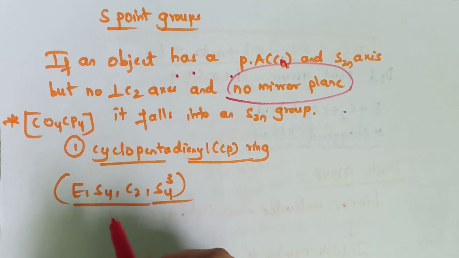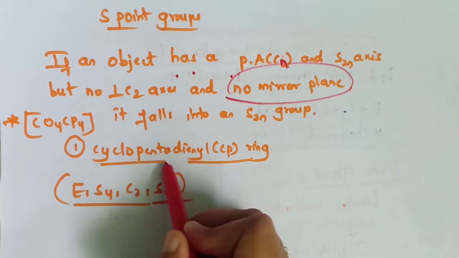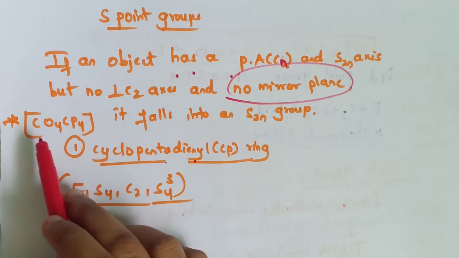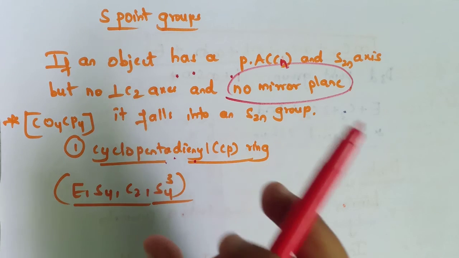The example is a very complex structure, that is CO4 Cp4. Cp4 here means cyclopentadienyl ring. For this CO4, the cyclopentadienyl ring will be attached. So this is the example of the S point group.